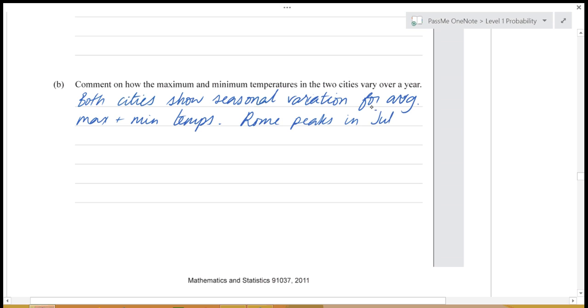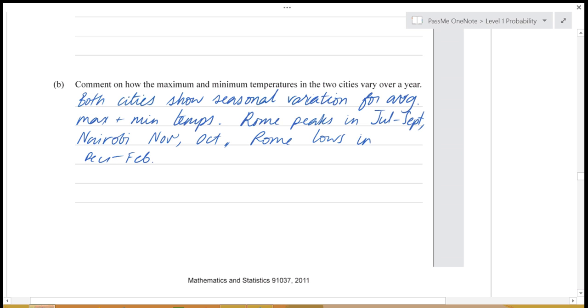While Nairobi is peaking in October and November. So a bit later on in the year. And we'll say Rome has lows in the winter, so around December through February.